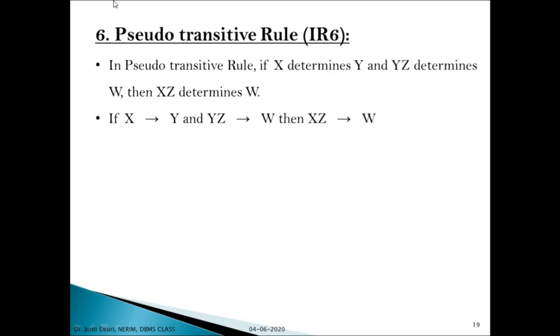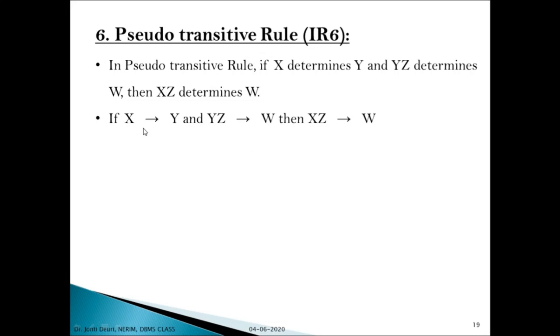So in pseudo-transitive rule, some values are added there, so with Y, another value Z is added. Because Y is determined by X, with X also, if we add something, that can also determine W. Understood?